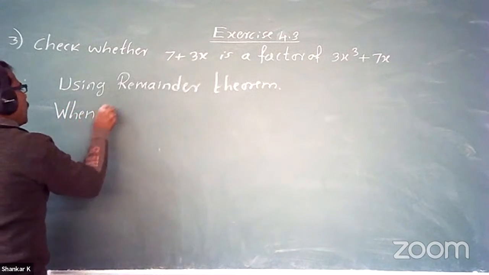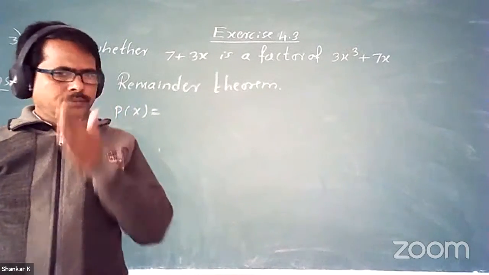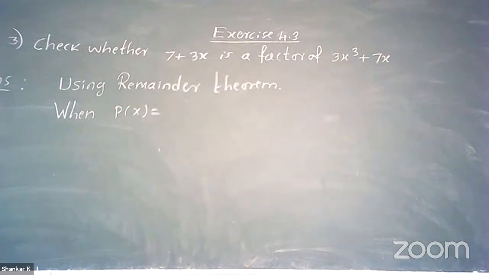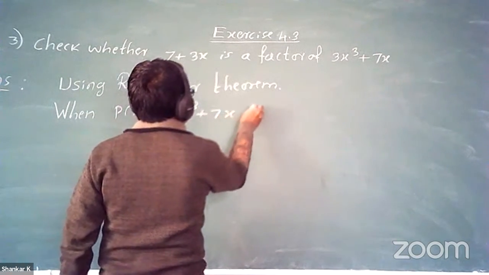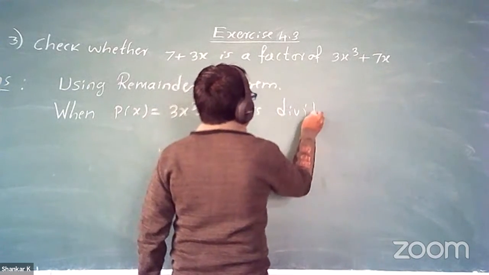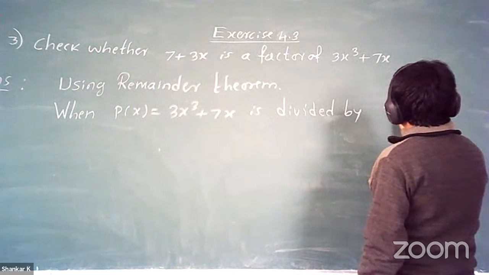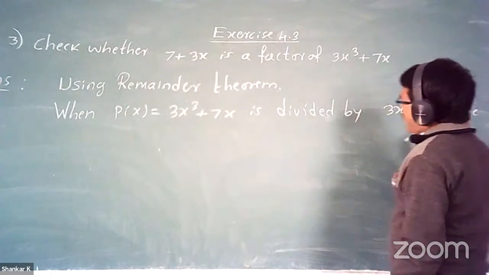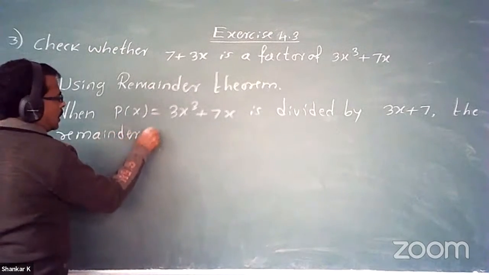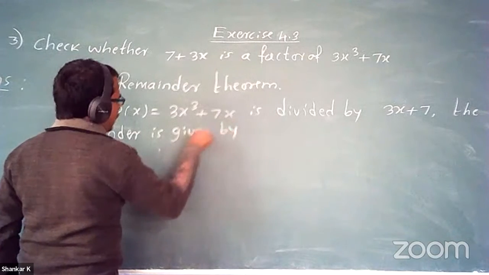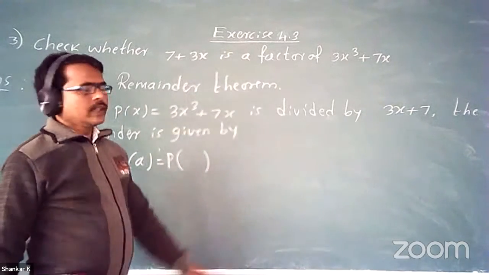When P of x is equal to 3x cube plus 7x is divided by 3x plus 7, the remainder is given by P of A. We should first find out what to substitute here.